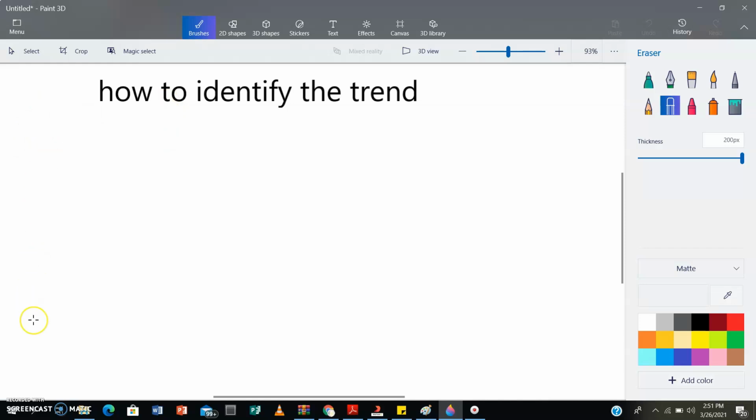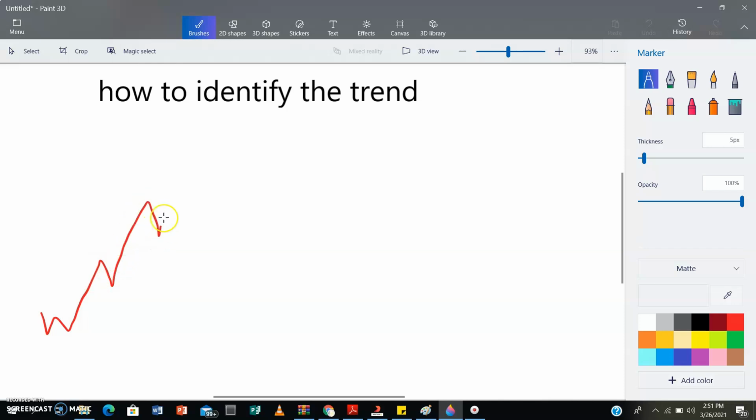We have an uptrend which starts from the bottom like this. We have our first push, we have a retracement, we have our impulse, we have a retracement, and then we have the final peak, right? This is an uptrend. So I'm just going to put an arrow and say this is an uptrend.